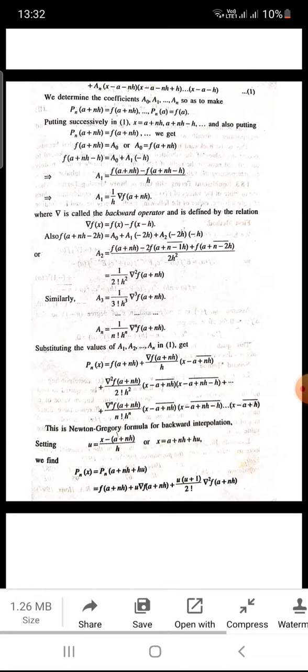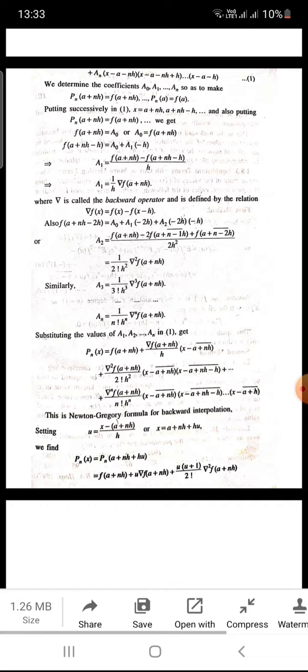So similarly we can derive the values of a3, a4, a5 up till an, and finally we get the value of an as 1 upon factorial n h^n del^n f(a plus nh). Now putting these values of a1, a2, a3 up till an in equation number 1, we get Pn(x) is equal to f(a plus nh) plus del f(a plus nh) upon h into (x minus a plus nh) and so on.